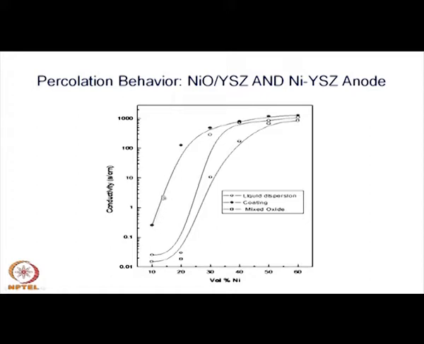You can see it is quite effective so far as this volume percentage is concerned. This kind of conductivity is available at a much lower concentration of nickel metal dispersion, and that helps to match the thermal expansion coefficient with the electrolyte much better.